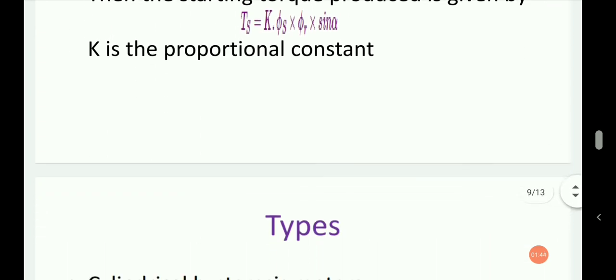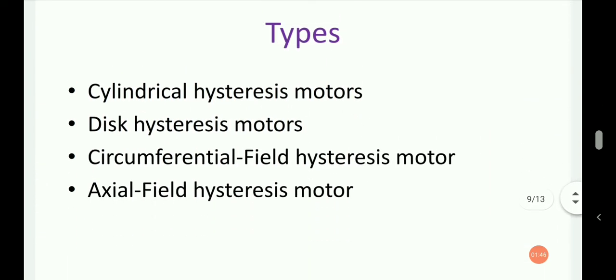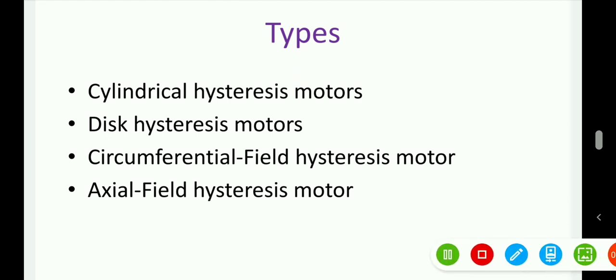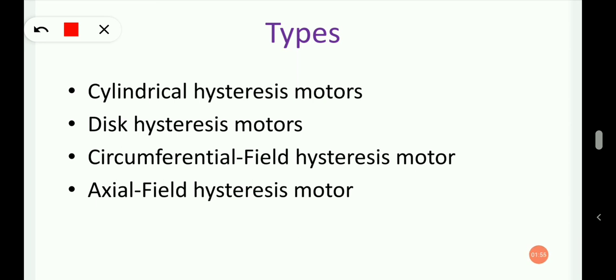Then what are the types of hysteresis motor? There are various types of hysteresis motor by construction. They are: first, cylindrical hysteresis motor. It has a cylindrical rotor. Then disc hysteresis motors. It has an annular ring shaped rotor.